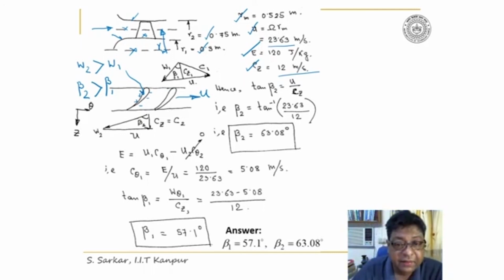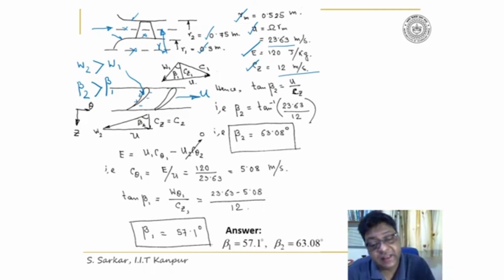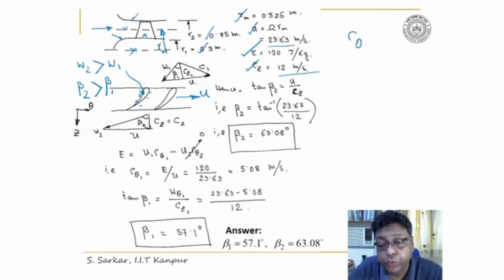And here earlier I have told C theta 1 is 0. Now here I have told C theta 2 is equal to 0. The swirling component at exit is equal to 0. So if I draw the velocity triangle at inlet and exit, first let me draw the exit velocity triangle, since C theta is 0 here.